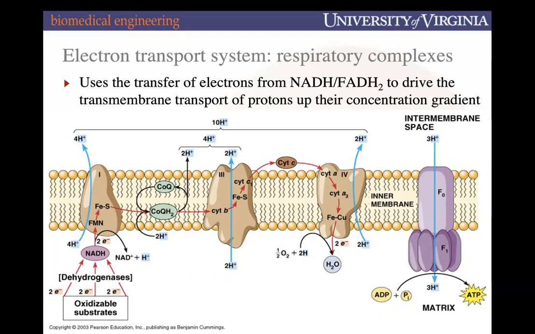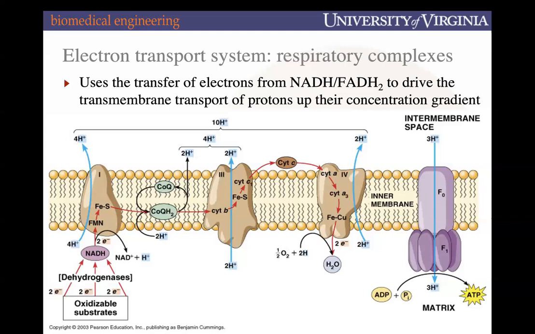Now we're moving to the inner membrane, where there are these inner membrane complexes. We call them complex 1 to the far left, then complex 3 in the middle, and complex 4. To the far right is this ATP synthase or ATP pump, where the actual production of ATP will be occurring, which leverages some of these hydrogen ions that are going to be moving across these complexes.